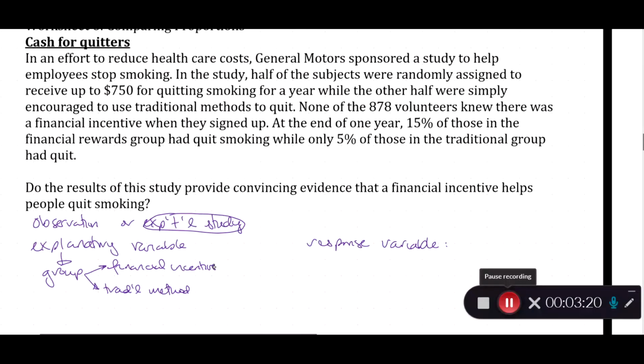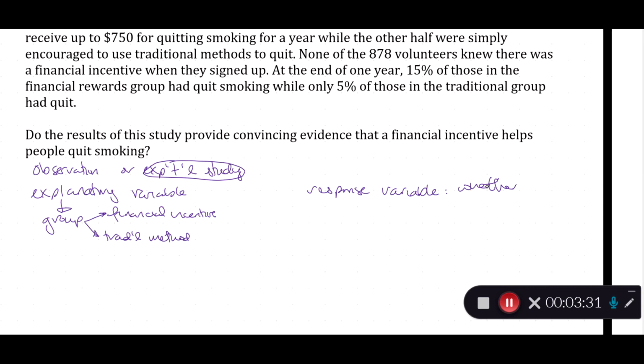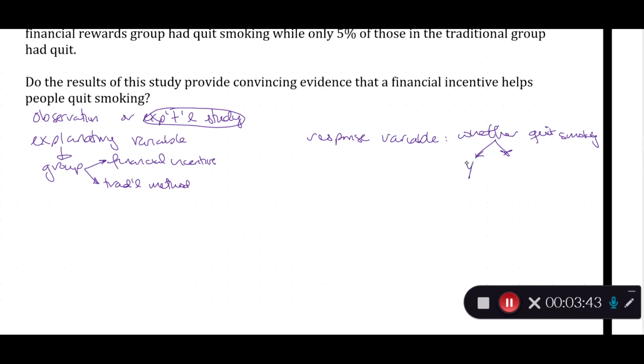The response variable is whether they quit smoking. In this case, the levels are yes or no. So if they did quit smoking, they get a yes, and if the participant did not quit smoking, then they get a no. So the variable is quit smoking, and the participant either did or did not.